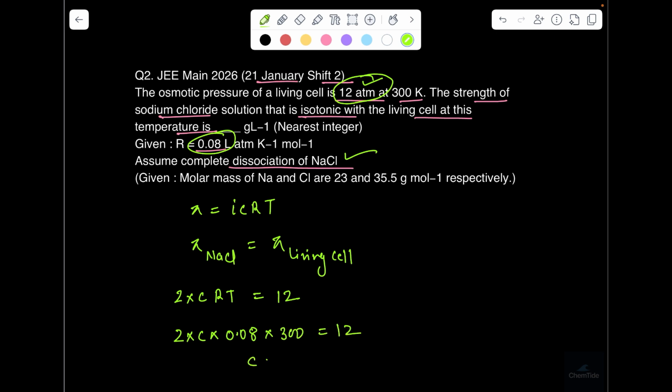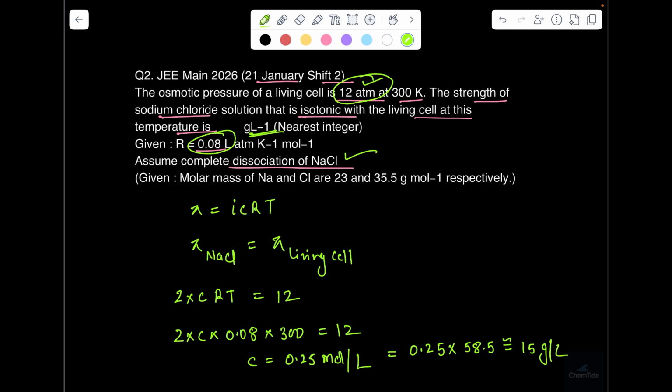So the concentration we get is 0.25 moles per liter, but they ask the question in grams per liter, so we have to multiply by the molar mass. 0.25 into NaCl molar mass 58.5, so we will get the answer around 15 grams per liter.